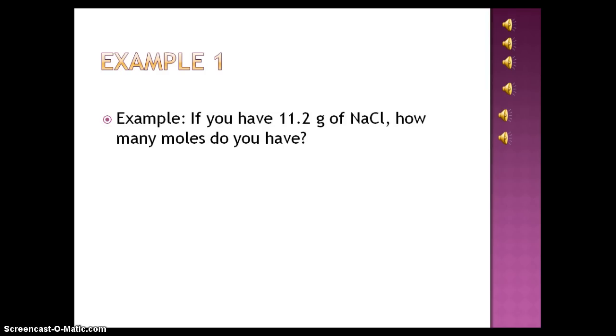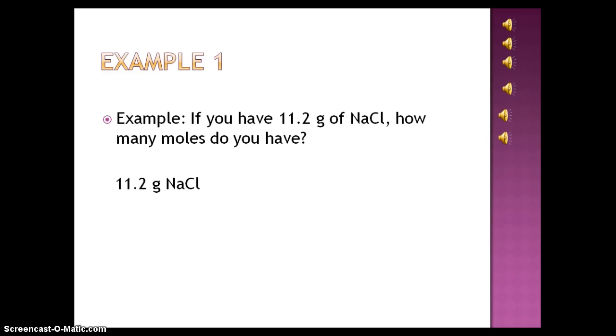Let's do some examples to try to make some sense out of this. So example 1, if you have 11.2 grams of sodium chloride, how many moles do you have? We begin solving this problem by identifying how much material we will start with. In this case, we're starting with 11.2 grams of sodium chloride.